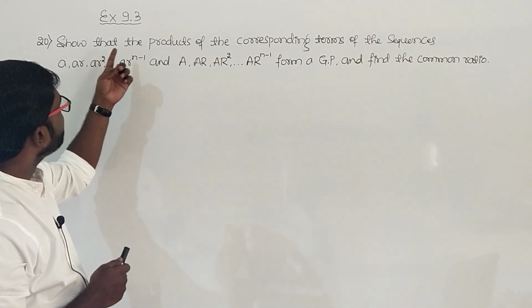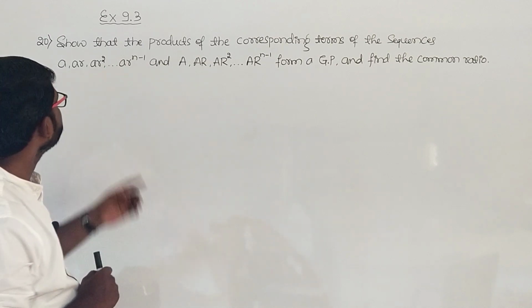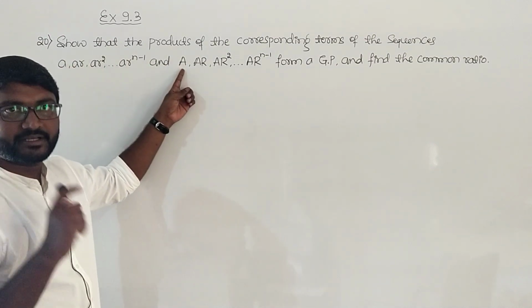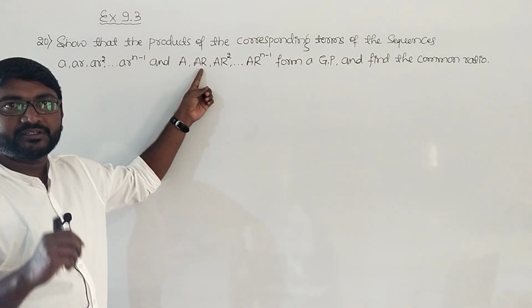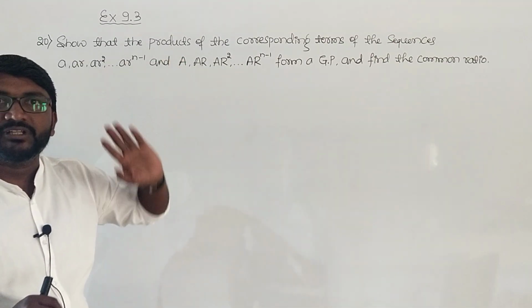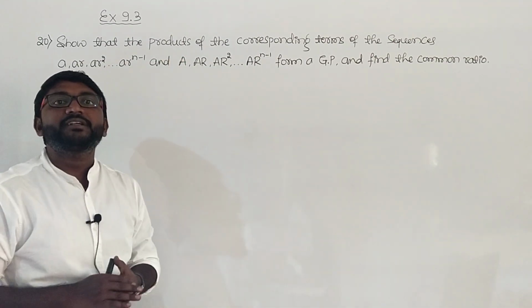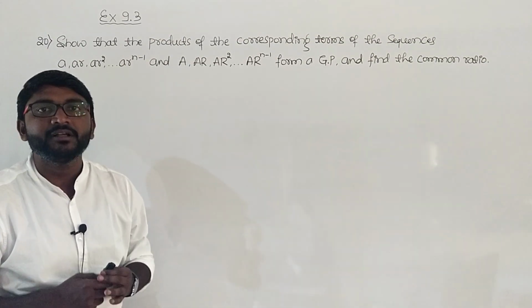See here, he says show that the products of the corresponding terms. What are the corresponding terms here? Small a and capital A are the corresponding terms, and small ar and capital AR, these are the corresponding terms. So we have to take the product of the corresponding terms and show that the product is going to form a geometric progression, and we will have to find the common ratio.